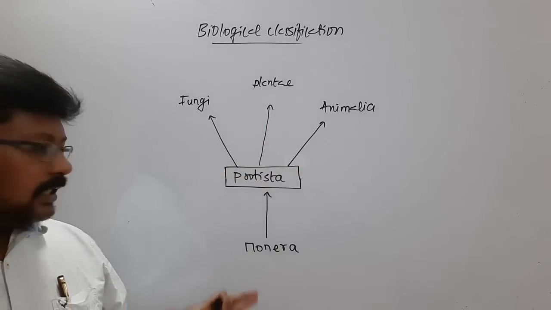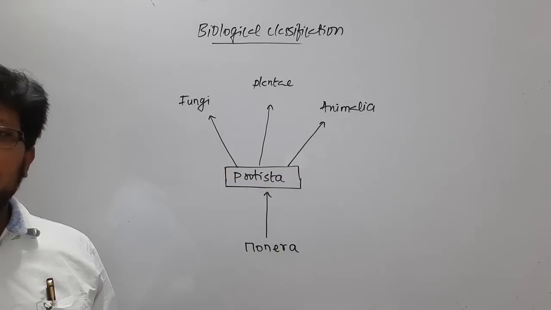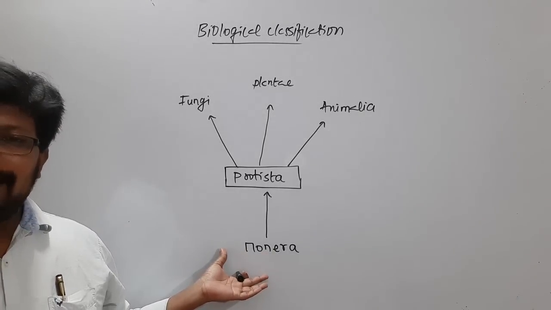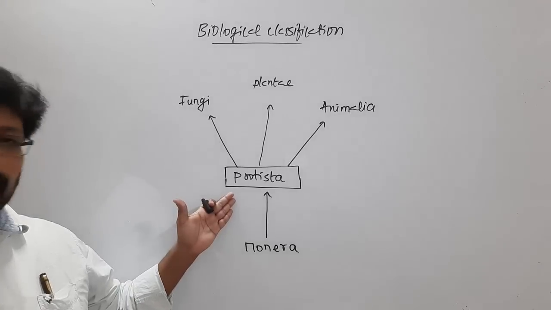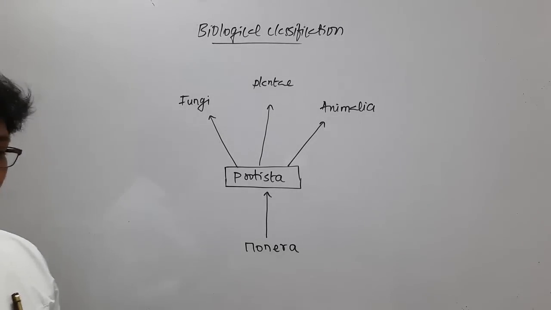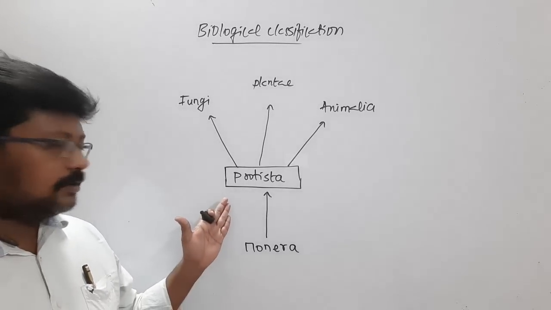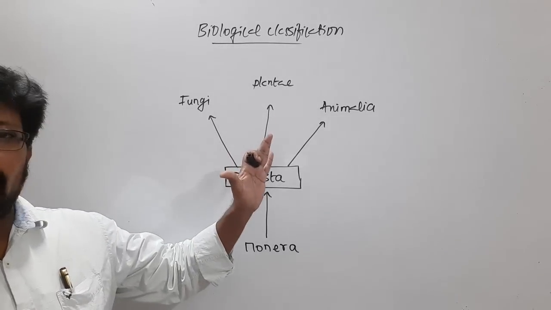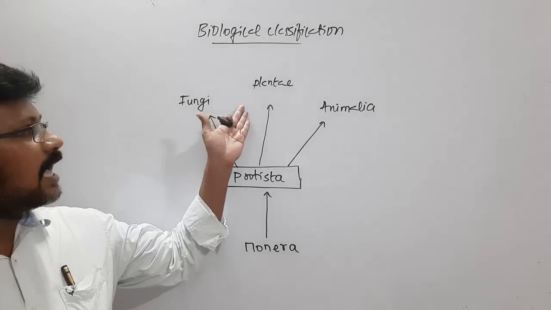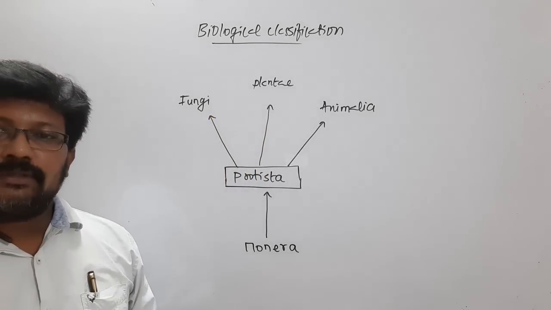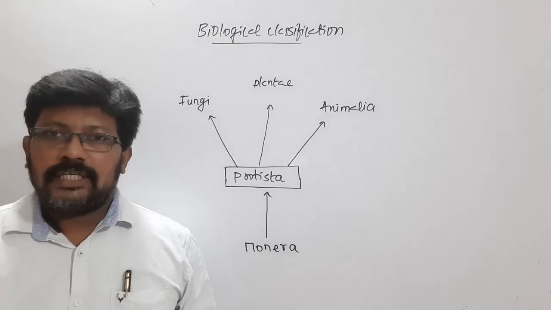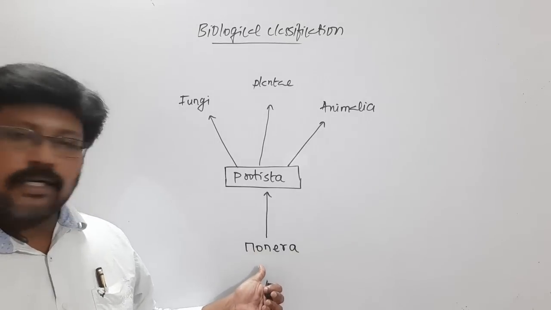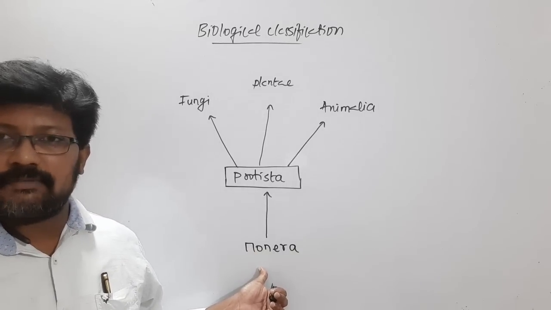I told you that the first group of organisms to live on this planet Earth are Monerans, and they evolved into Protista. It took millions and millions of years, and then Protista diversified into Fungi, Plantae, and Animalia. So any living organism on this planet will come under one of these five kingdoms.